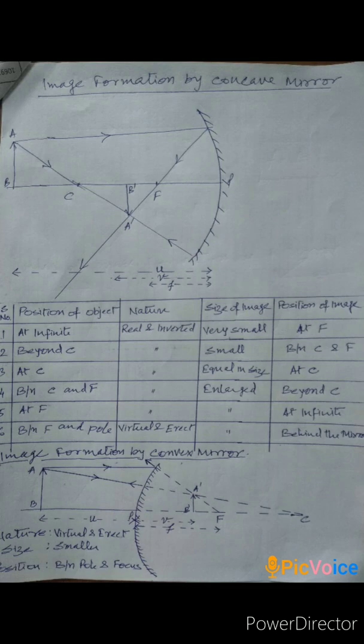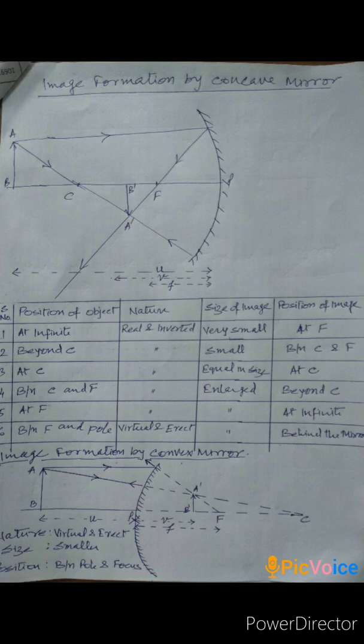Yes, the next topic is image formation by a concave mirror. Here a finite-size object AB is placed on the principal axis of the concave mirror. One light ray which goes parallel to the principal axis, after reflection passes through the focus, and another light ray which passes through the center of curvature, after reflection retraces its path.